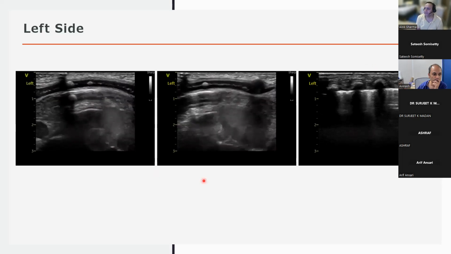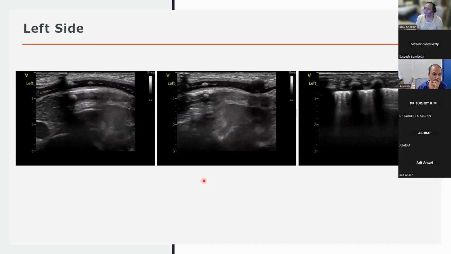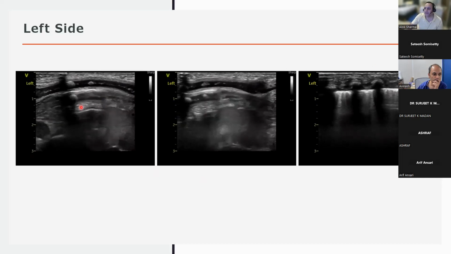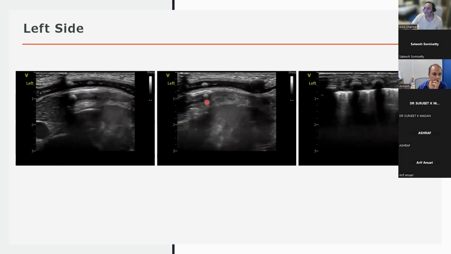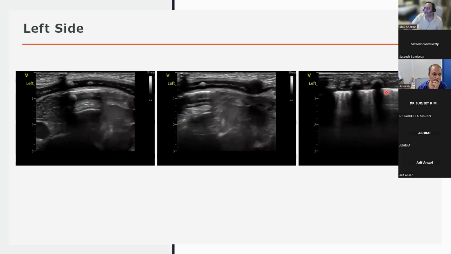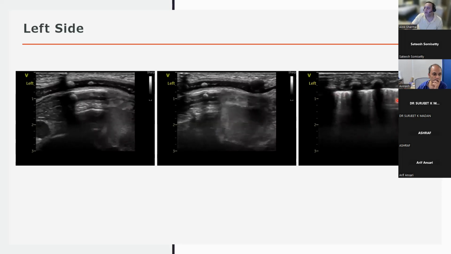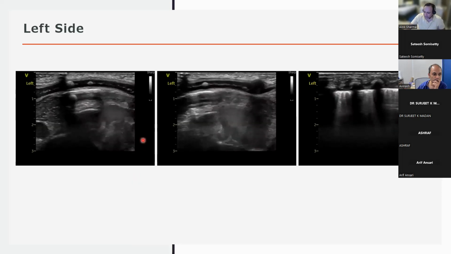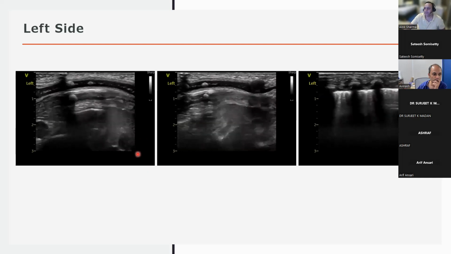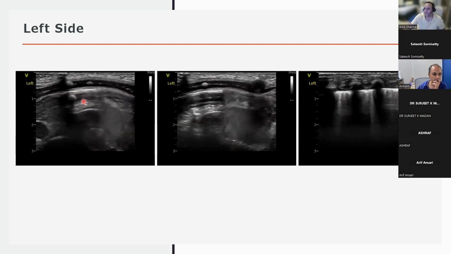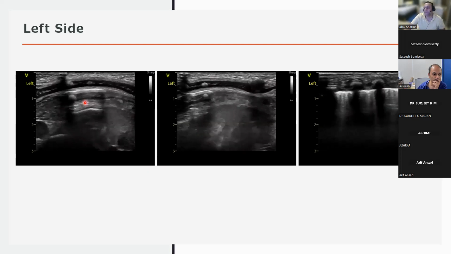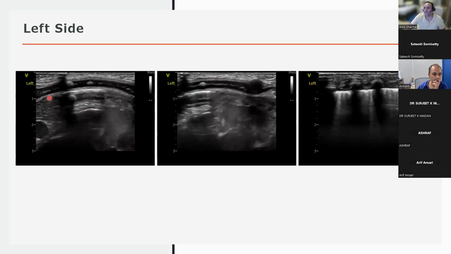Okay, left side. I'm trying to get my head around it. So this is R1, this is R2, and this basically is R3, 4. So is it the left, Alok? Yeah, this is the left side. So that's L1, L2. That's L1, I'm assuming. Yes, very good. You've got thymus.